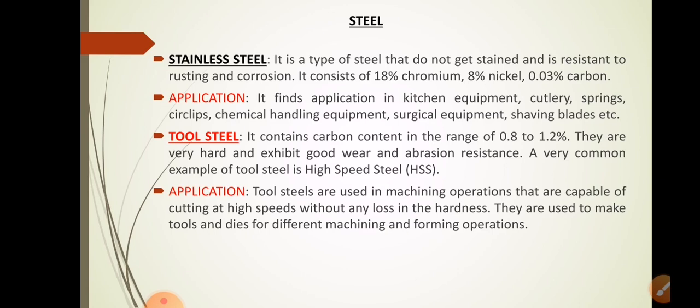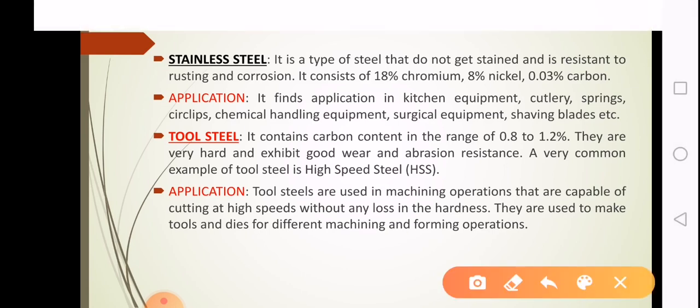So it does not get stained and it is resistant to rusting and corrosion. The most important property: most ferrous materials are highly susceptible to corrosion, but stainless steel does not corrode. It contains about 18% chromium, 8% nickel, and 0.03% carbon.